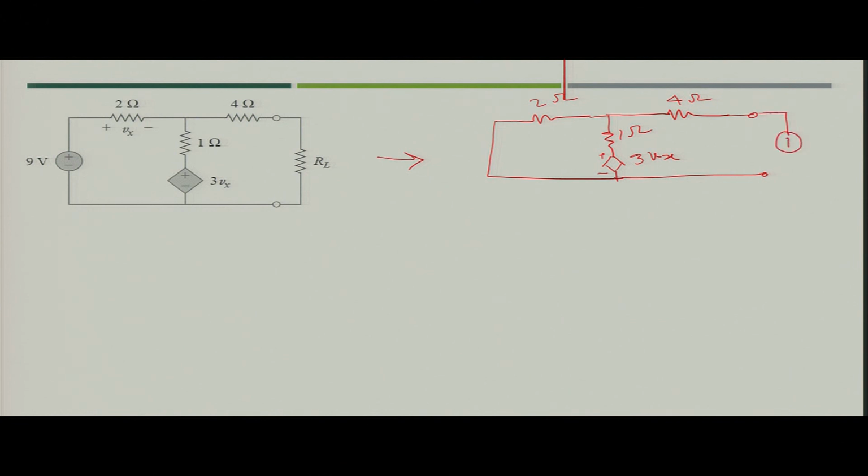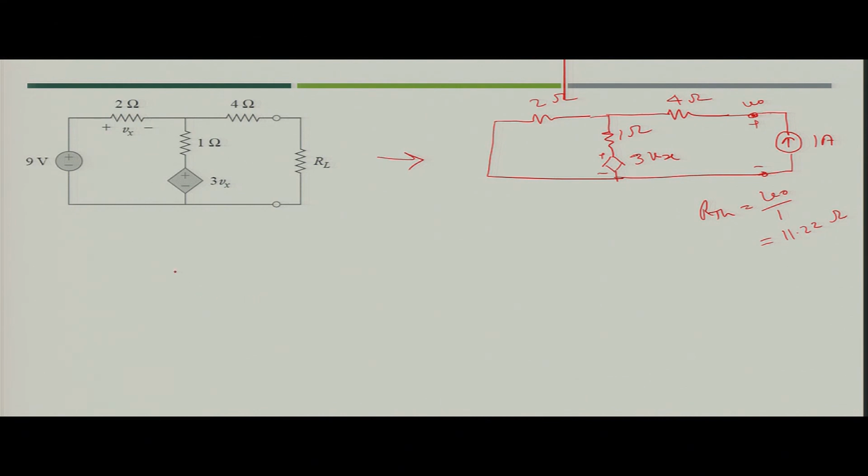You will apply 1 ampere current source across the terminal, and find out the value of V naught across the terminals, and the value of R T H would be V naught divided by 1 ampere. So, just solve it, and you will get the value of R T H as 11.22 ohm.